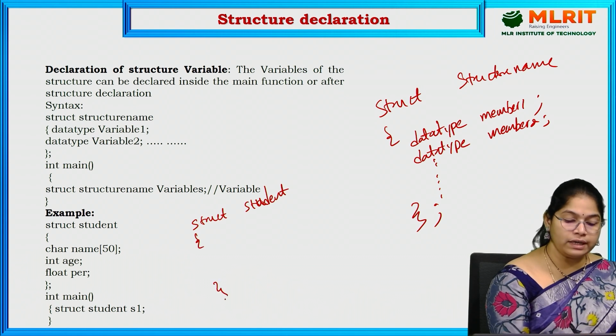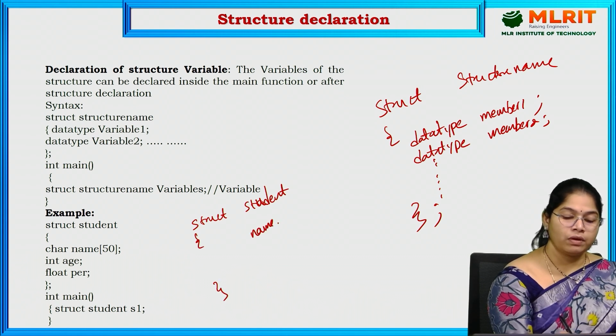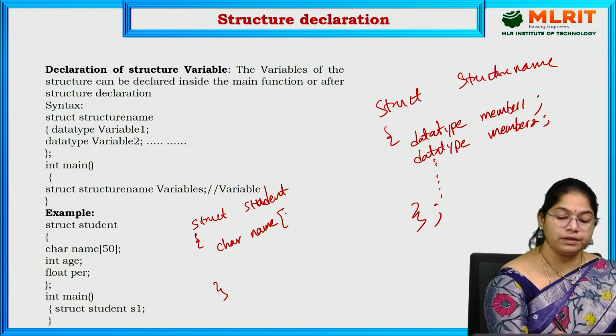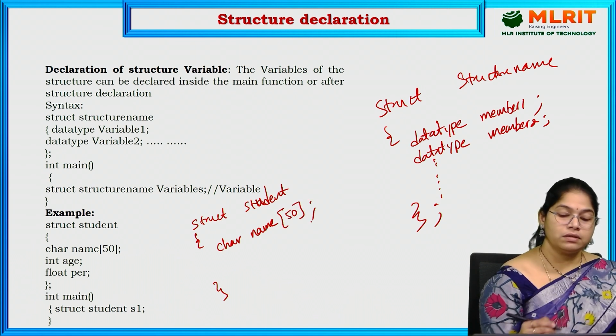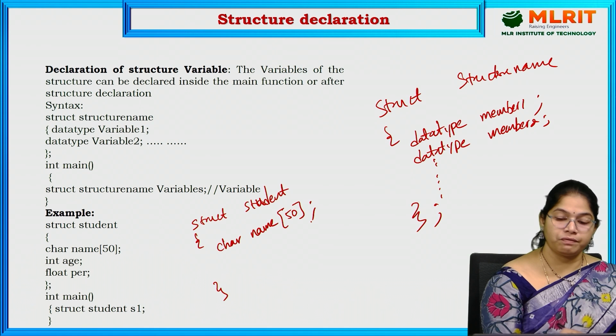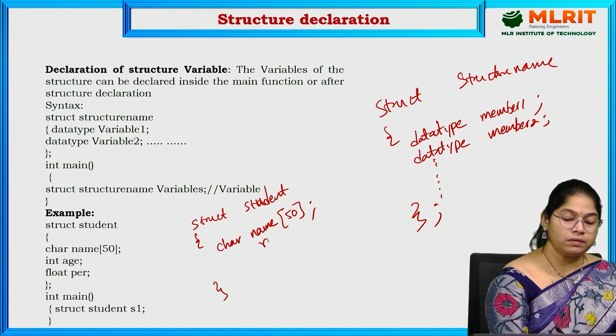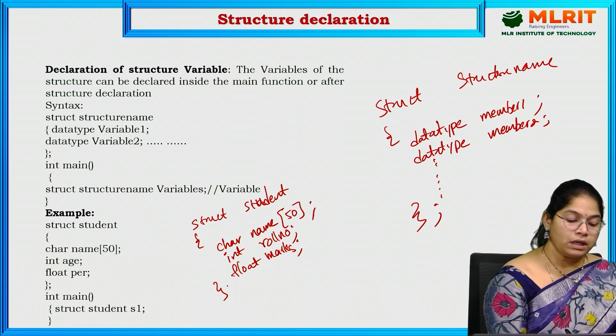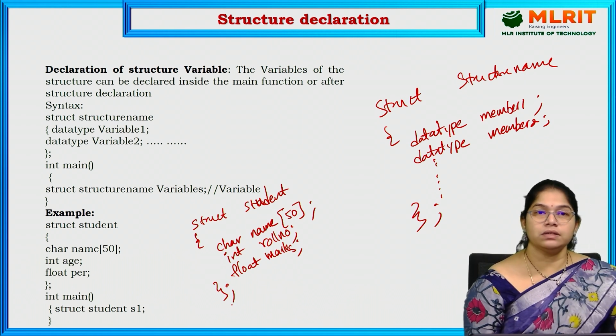That student has a name, which is of type character, but it is an array of characters, so here we will mention the size. It becomes a string now. Now roll number is of type integer, and then marks is of type float. This is how we declare a structure.